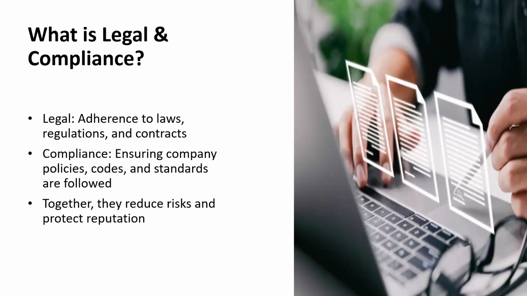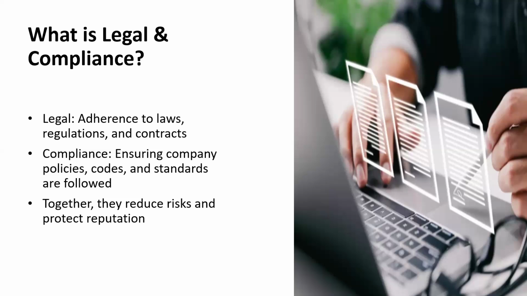Legal and compliance refers to the process of ensuring a company follows all applicable laws, regulations, and internal policies to operate ethically and avoid risk. So in a company, we are talking about legal and then compliance.